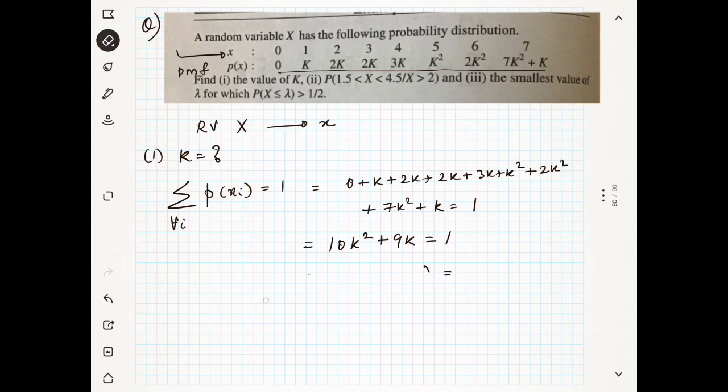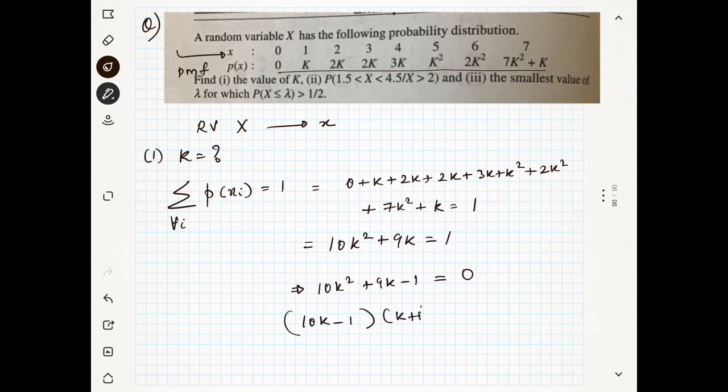I will write the steps: 10k square plus 9k minus 1 is equal to 0. This equation you can rewrite as (10k minus 1) into (k plus 1) equal to 0.